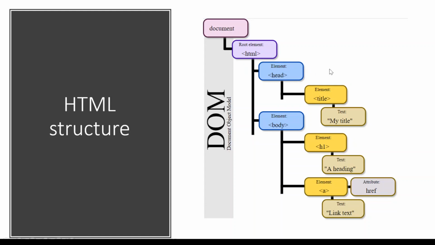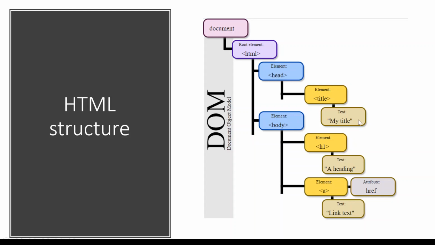You can imagine it as a tree, with further branches inside that. There is text, there is head, that is heading, and href stands for hyperlink reference, and then there are elements. So there are a lot of things.